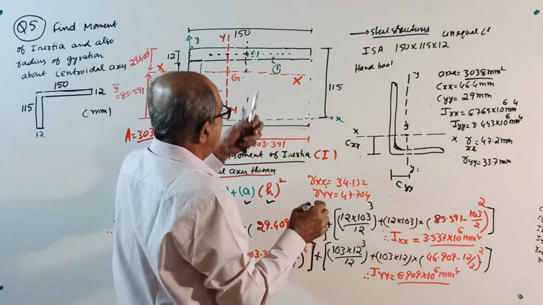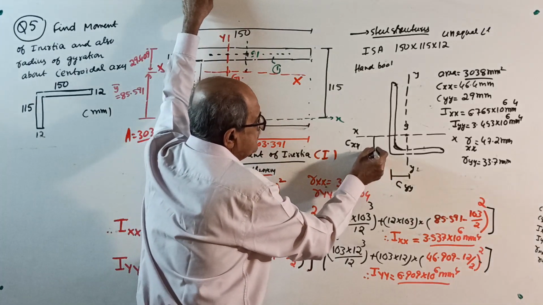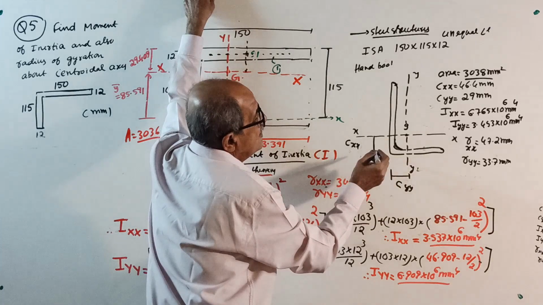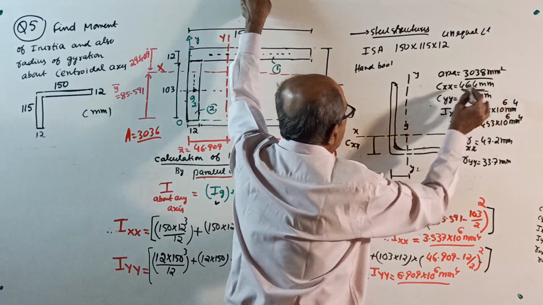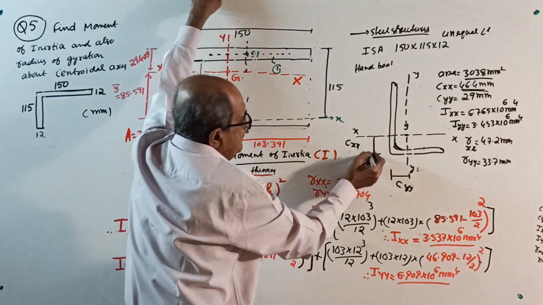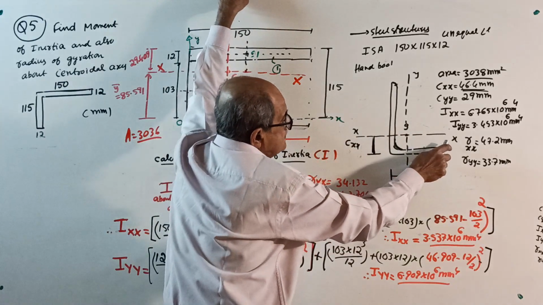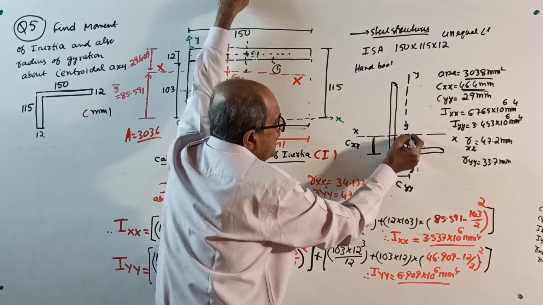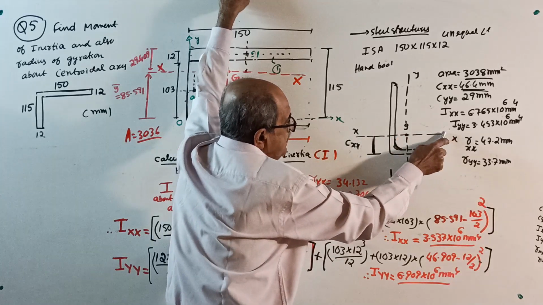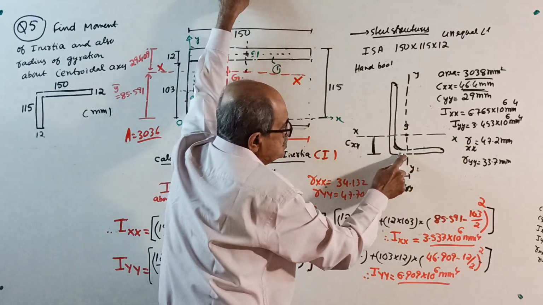Okay, then they told this Cxx is how much? 46.4. That is not this distance, be careful. Cxx, they told 46.4, means the centroidal distance. This xx axis, they measured from the shorter leg.